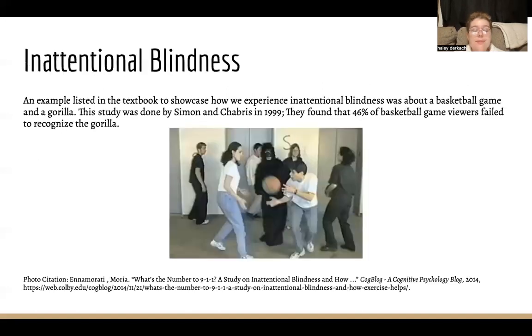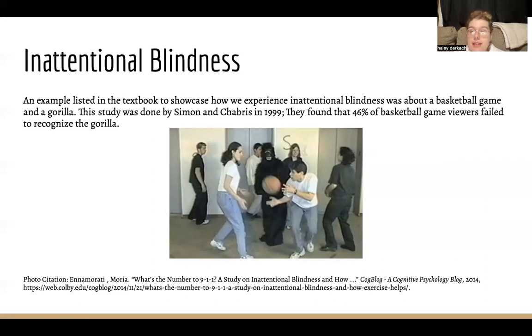Something that is listed within the textbook is how we experience inattentional blindness. There was an example about a basketball game and a gorilla. This study was done by Simons and Chabris, and it was pulled off in 1999. They found that 46% of basketball game viewers failed to recognize a gorilla that entered the middle of the scene.